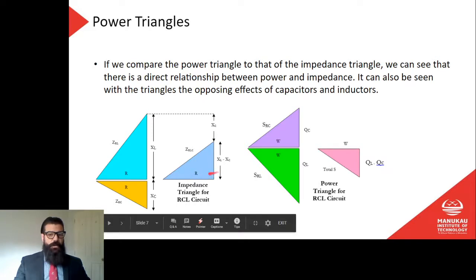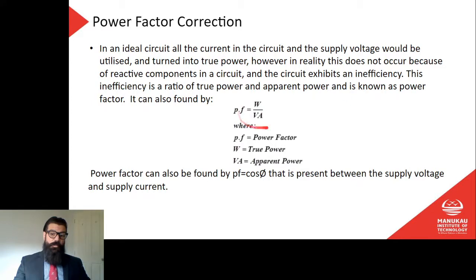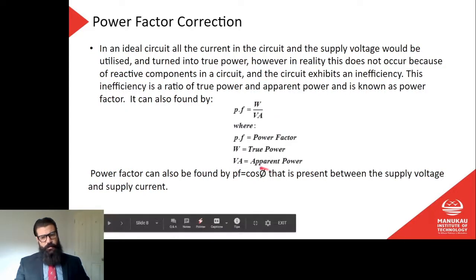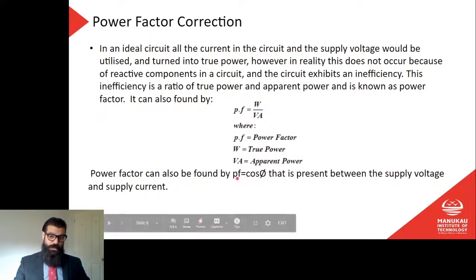Adjacent is true power. So adjacent over hypotenuse is the same as this, true power over apparent power. So by going cos of the angle, it's just giving me the same formula. It's true power over apparent power, because that's my A over H in the CAH of SOHCAHTOA, cos adjacent over hypotenuse. If that doesn't make sense, don't worry about it. Just remember to use this formula, or you can use the cos of the angle.